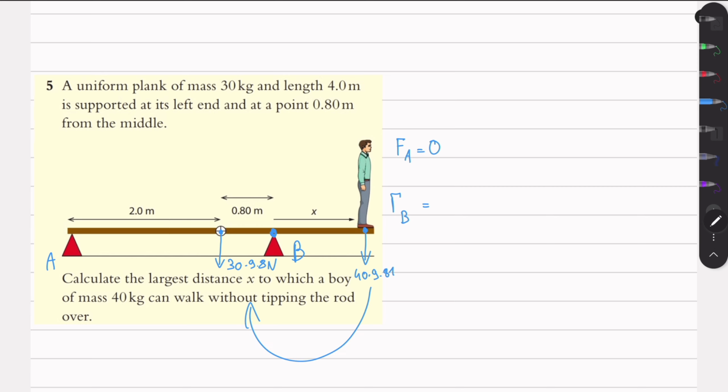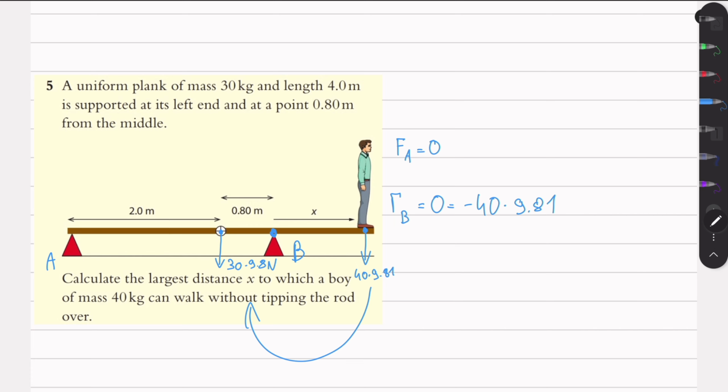So that's clockwise, so we can say that's negative. So we say the torque has to be 0, and then this will be minus 40 times 9.81. It has to be 0 because at the moment it's just not rotating. And then the other force is going to be rotating counterclockwise, so we take that as positive. And so that will be 30 times 9.8.